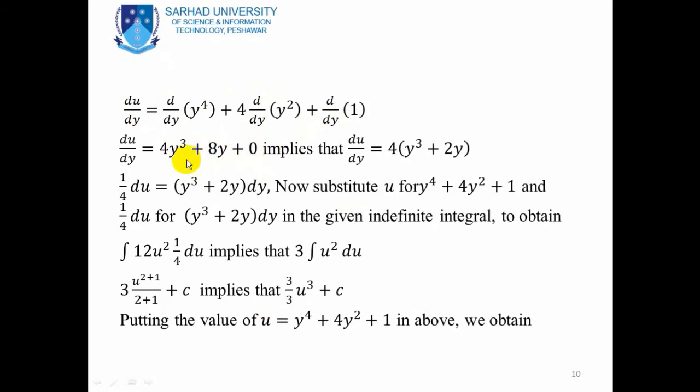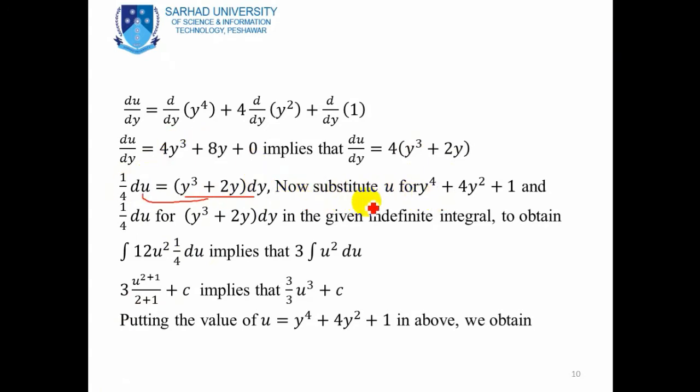Now taking common 4 from this term, we obtain du by dy is equal to 4 into y cube plus 2y. After using cross multiplication, we obtain 1 over 4 du is equal to y cube plus 2y into dy. So these two parts are the remaining part of the given function, and now these remaining parts are converted to the domain u, and dy is converted to du also.